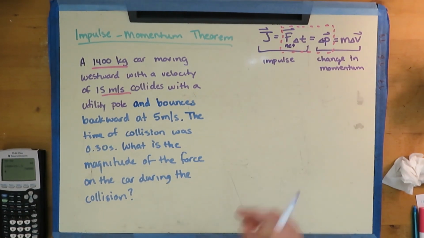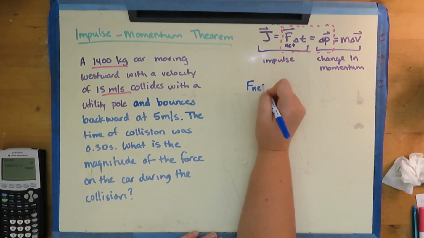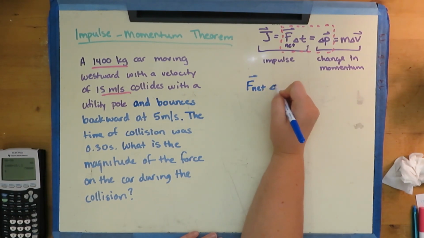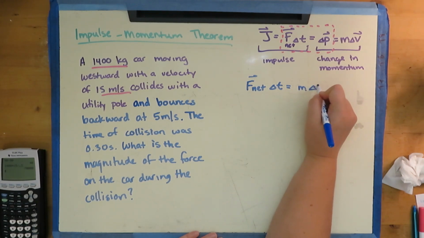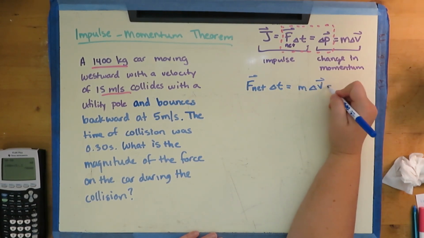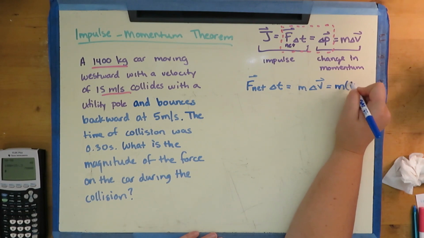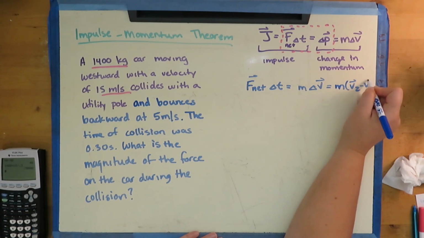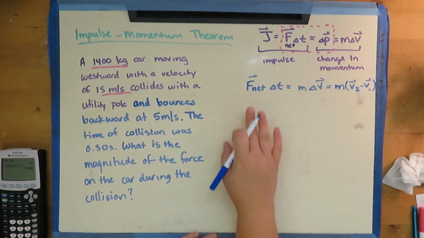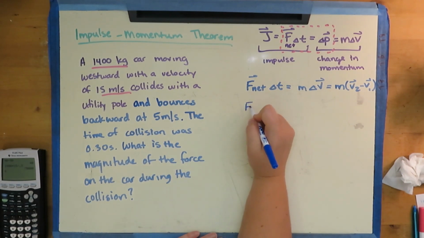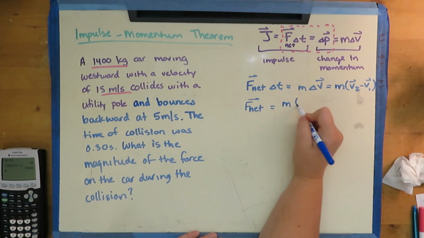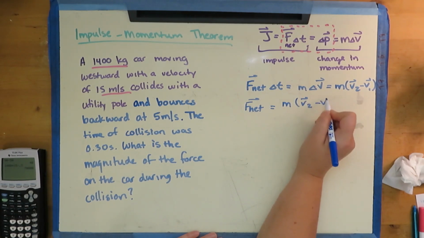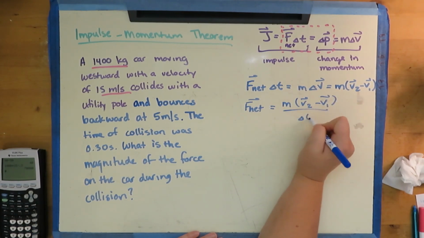So in this case, we're still going to have our net force times our change in time. It's still going to equal our mass times our change in velocity. And that is still going to be mass times V2 minus V1. So if I was looking for my net force, I would still divide by time, m times V2 minus V1 over my change in time.